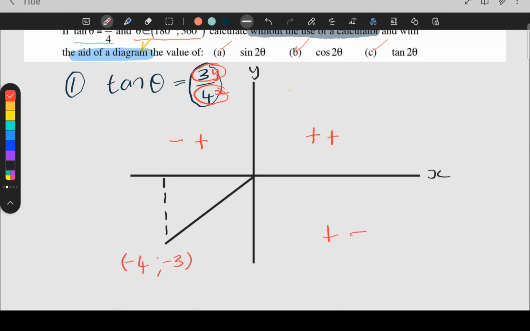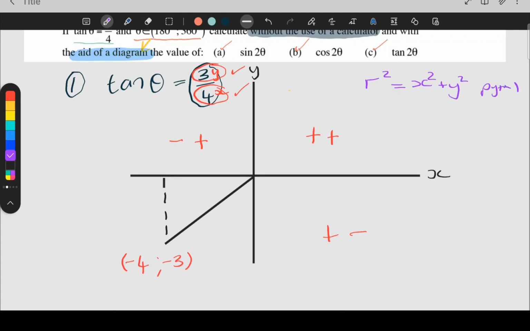So step number 2 is calculate the missing side. If I have Y and I have X, then R is missing. So remember, we use Pythag to calculate R. Pythag says R squared is X squared plus Y squared.